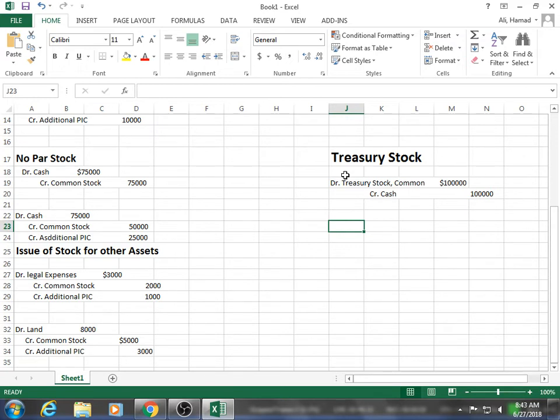Now remember that was the par value; now they are sold for $50. So once they are sold, we debit cash, because we are getting cash paid, for $100,000.